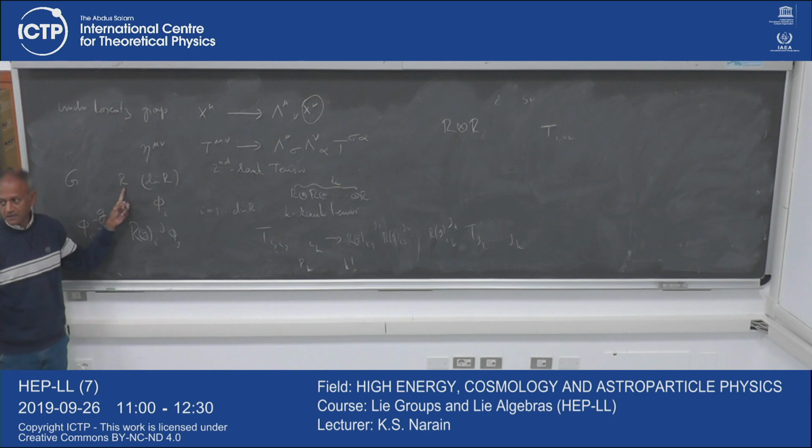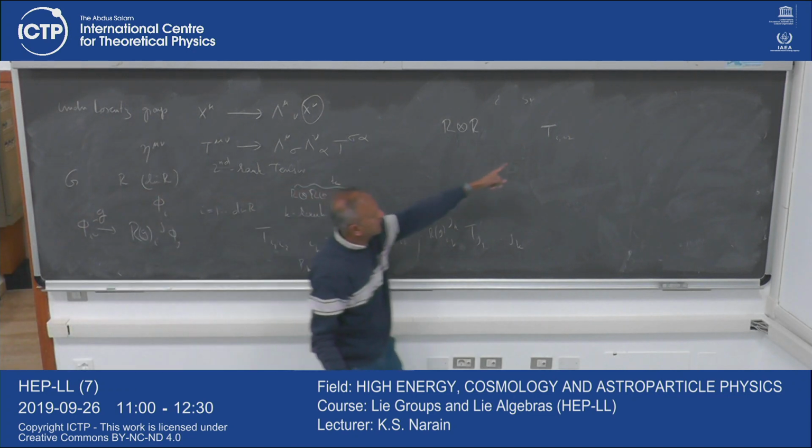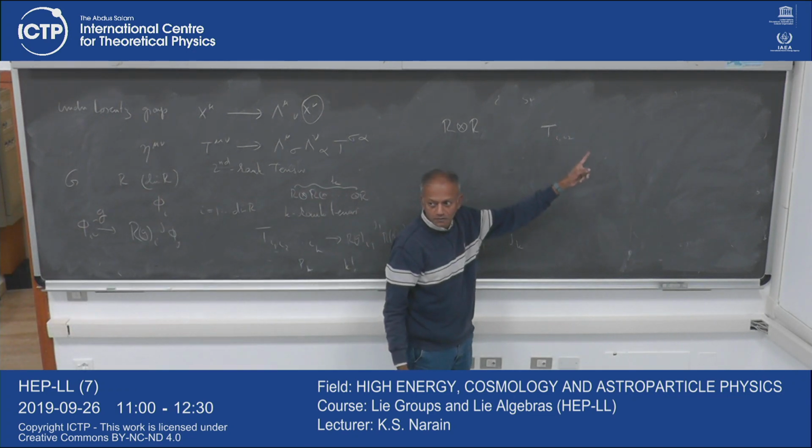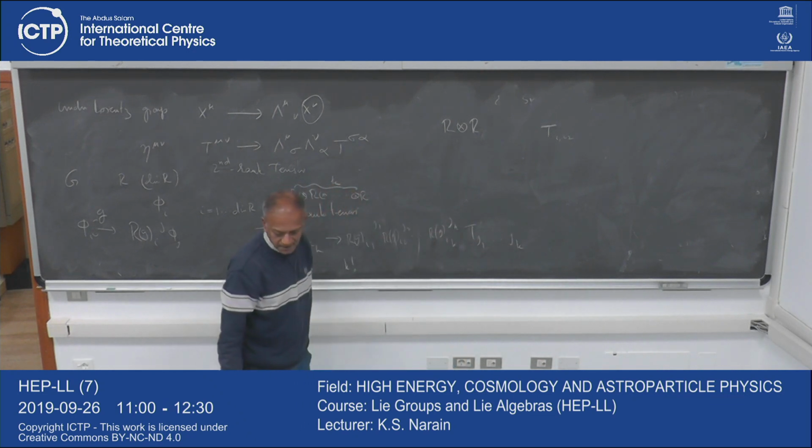Not any representation, but just the fundamental. So in the SU2 case, if G is SU2, this will be a two-dimensional representation, right? So each of these indices will go 1 and 2, 1 and 2. But more generally, let's consider it more generally at this stage.